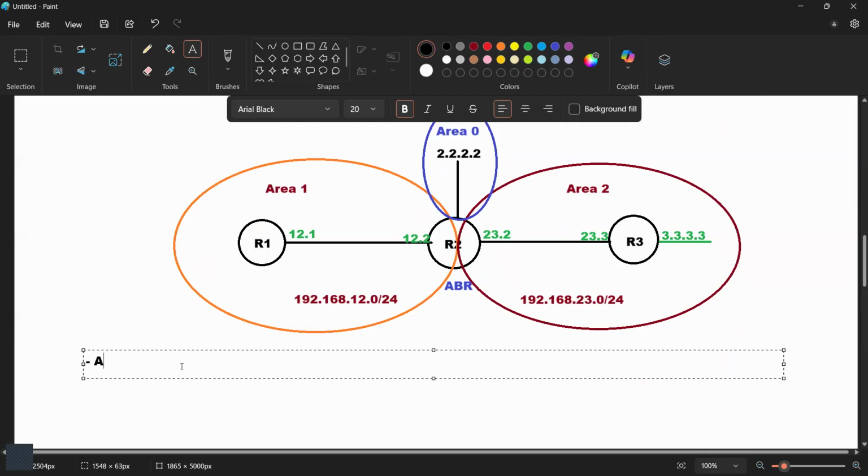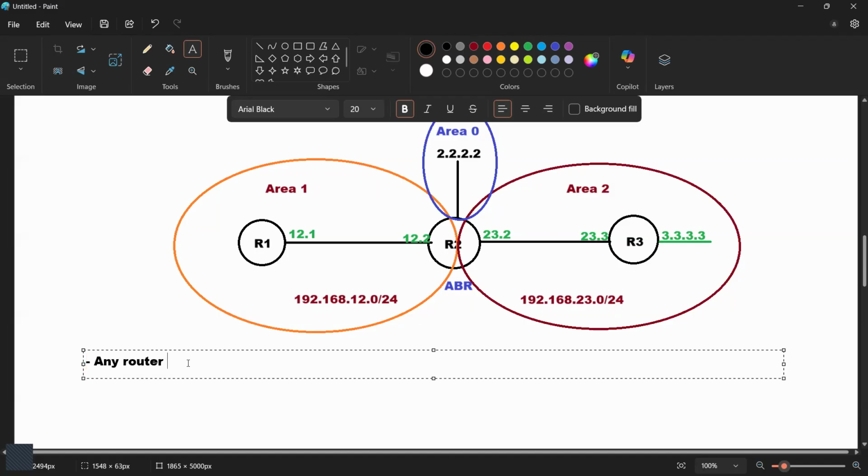Either physically or virtually. So I have configured area 0 on R2. That is a physical connection. Logical connection, virtual connection, we'll come to it later when we study multi-area.